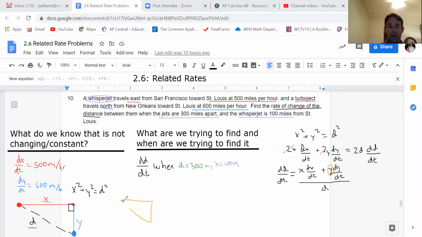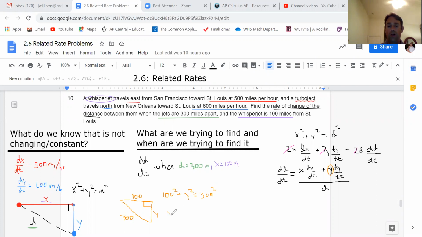In our snapshot in time, this is not going to be drawn to scale. That's 100. That's 300. I have to figure out y. So 100 squared plus y squared equals 300 squared.